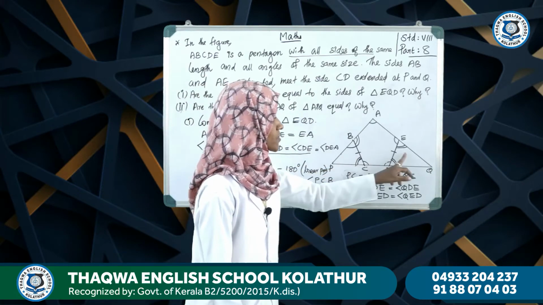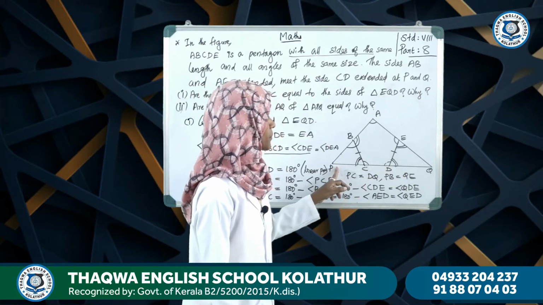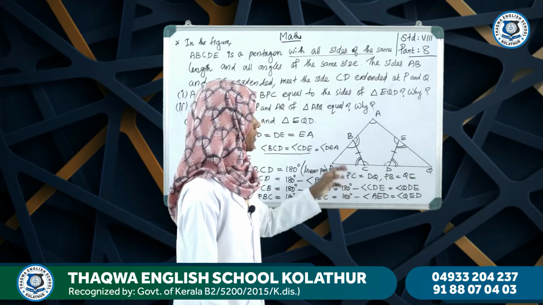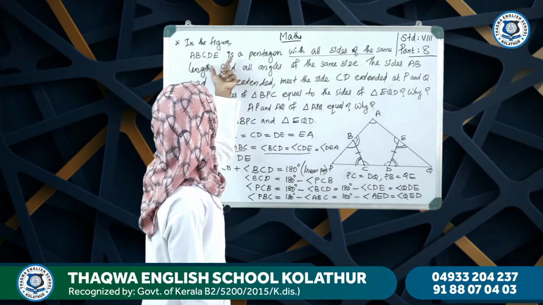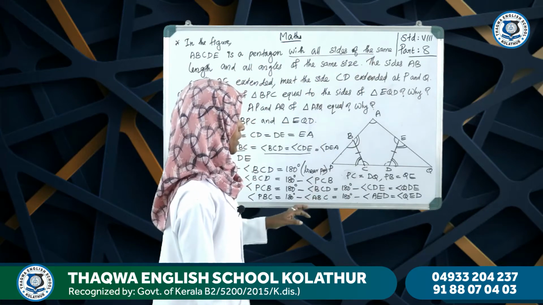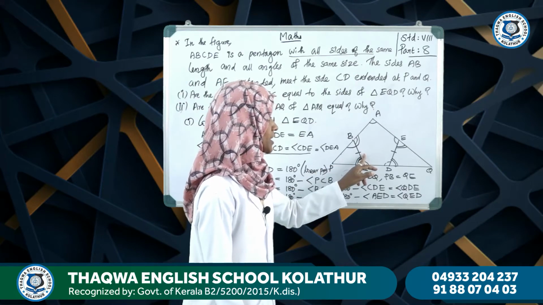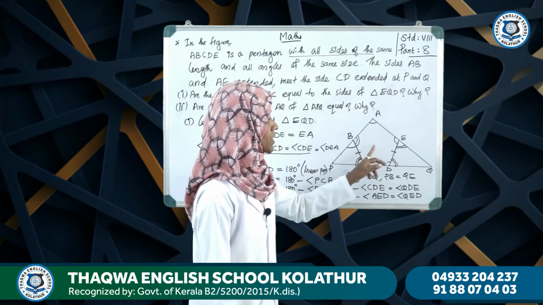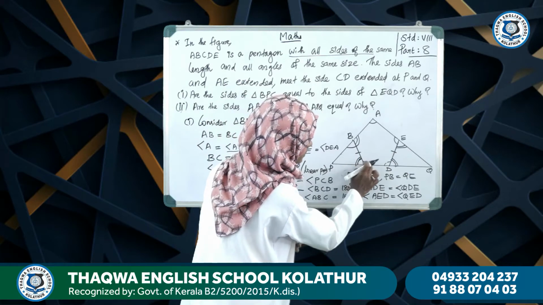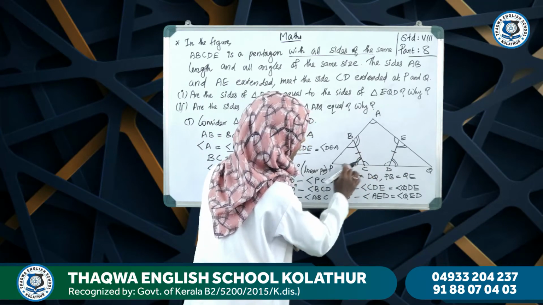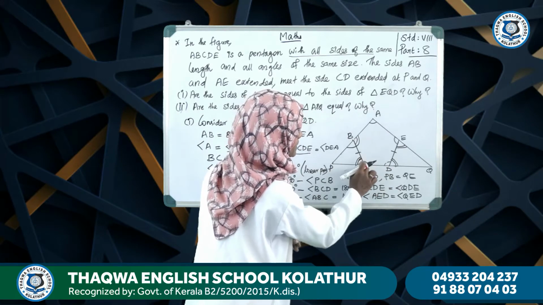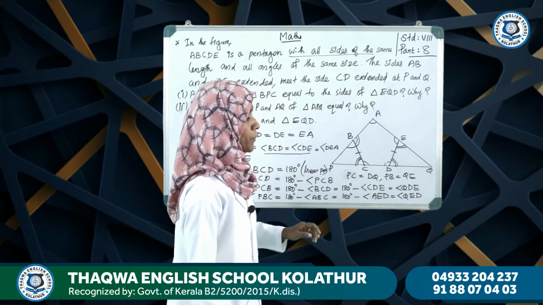So first we consider these two triangles, triangle BPC and triangle EQD. Then we have given ABCDE is a pentagon with all sides and angles equal. So first we take the side BC. BC is equal to DE. Angles PCB and BCD form a linear pair.